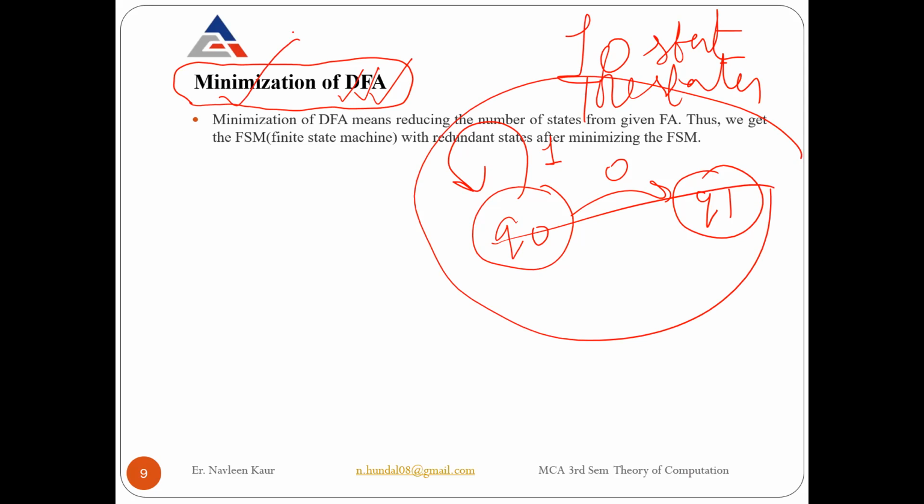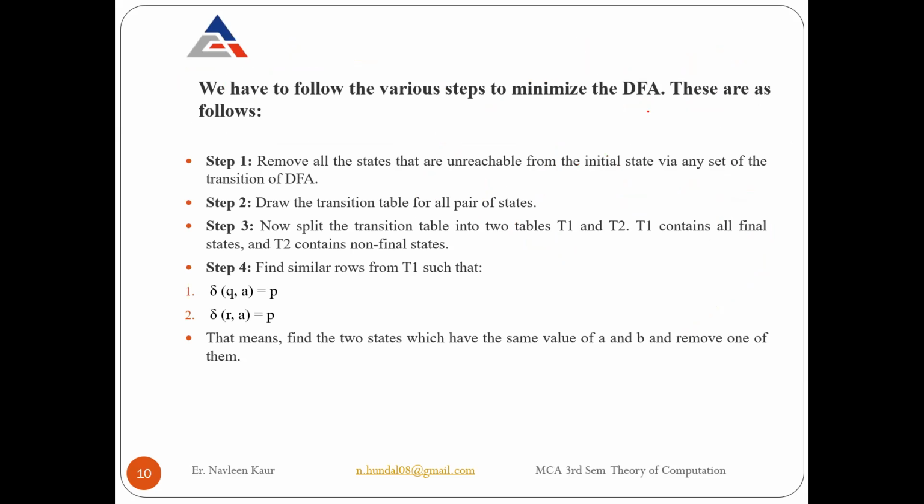I want to just discard the unimportant states. Okay, so how does minimization happen? Minimization of DFA means reducing the number of states from the given finite automata. So if there are 10 states and I do minimization, maybe I will get 4 states, the 4 important ones. Okay, so let's do this.